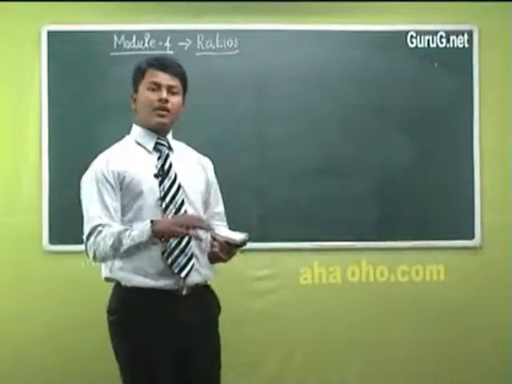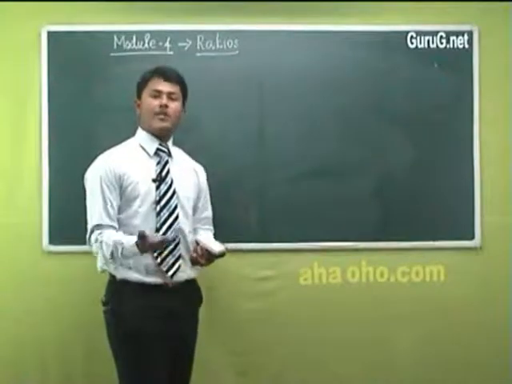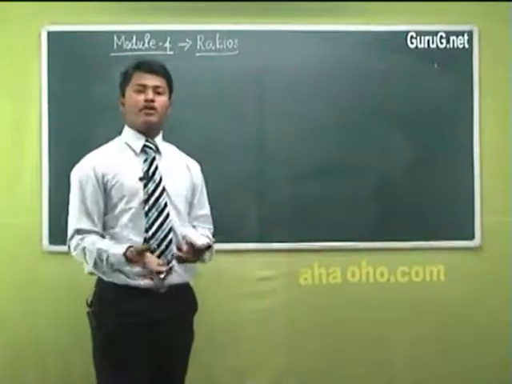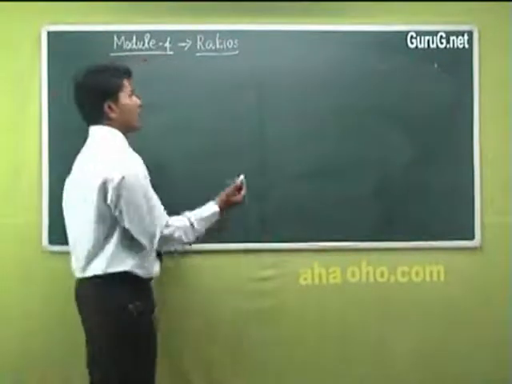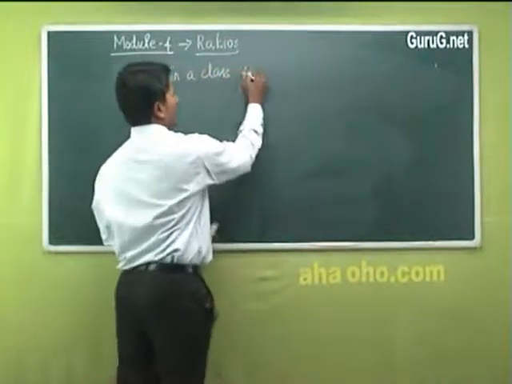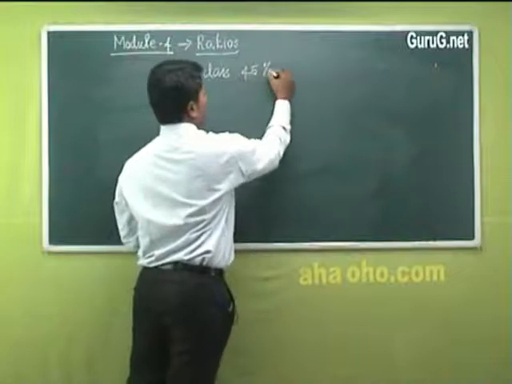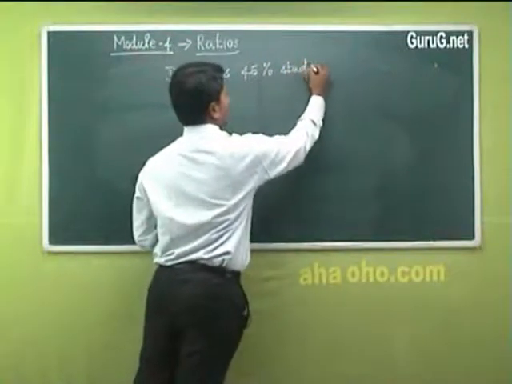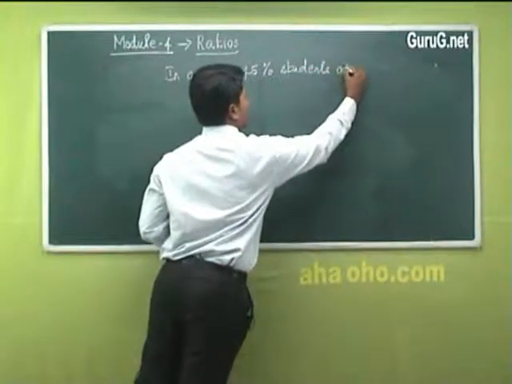Vice versa. If a question is given in terms of percentage and you are asked to represent it in terms of ratios, the same procedure applies. Say, in a class, 45% of students are male.